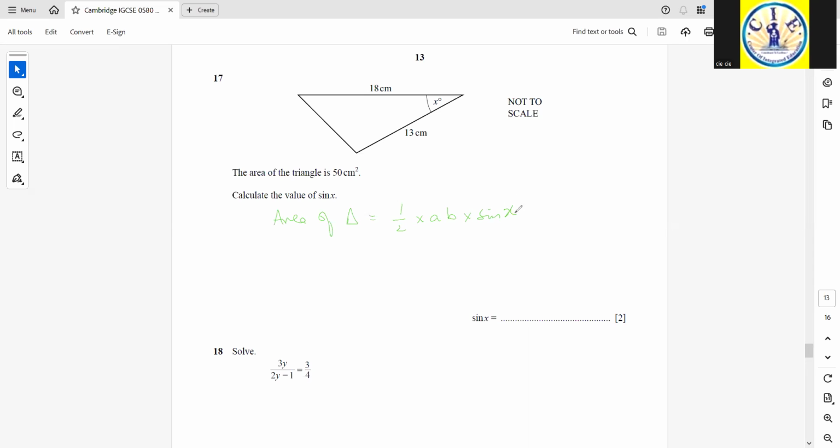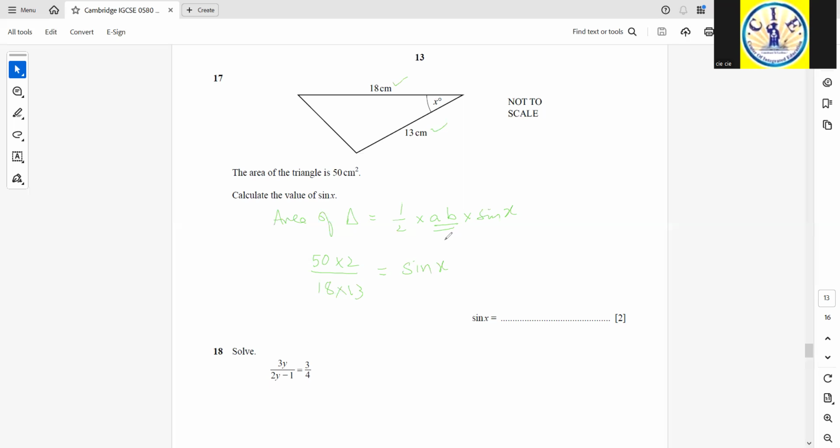Let it be x. In this case, sine x is 50 times 2 and divided by the product of these two sides, which are 18 and 13. That would give us the value of the sine x.